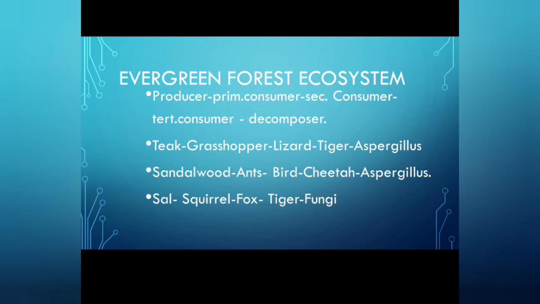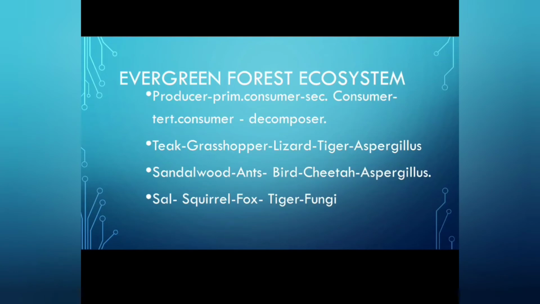The next type of ecosystem that we will study is the evergreen forest ecosystem. Again following the same food chain criteria, teak, a plant, is the producer, grasshopper is a primary consumer, lizard is a secondary consumer, tiger is a tertiary consumer, and asparagus is again the decomposer.